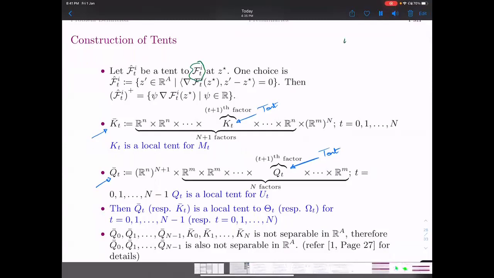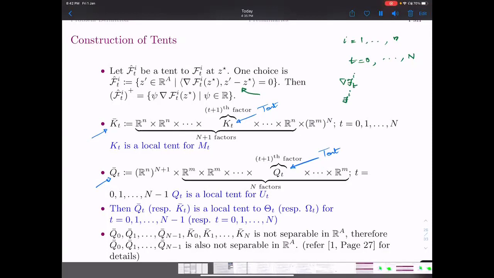So i, if you remember, goes from 1 through n, and the subscript t goes from 0 to n, right? So for instance, in this relationship here, what is being said is nabla calligraphic F i t. So this means you have Fi.